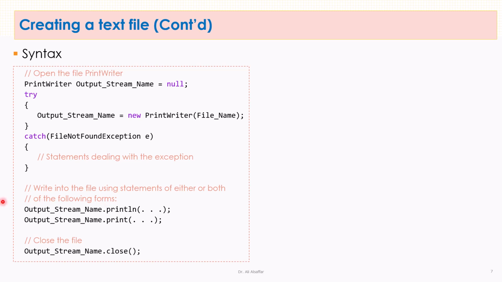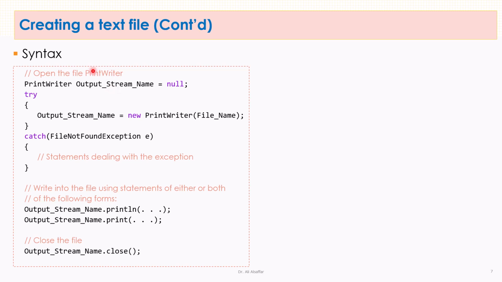After finishing writing into the file, step 3, you close the file by writing the name of the output stream variable, followed by dot, followed by the method close. And this is how syntactically you open a file for writing as a text file, step 2, you write into the file, and step 3, you close the file.